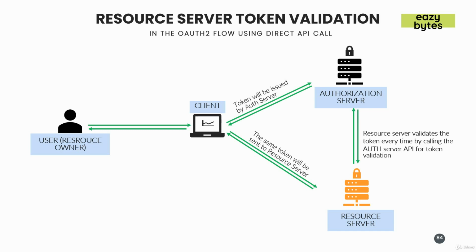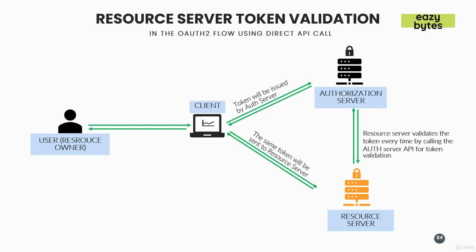The very first and basic way of validating the access token by a resource server with the authorization server is by making an API call in the backend. Whenever a resource server receives an access token from the client, it can simply make a REST API call to the authorization server, saying, I received this access token from this client ID.